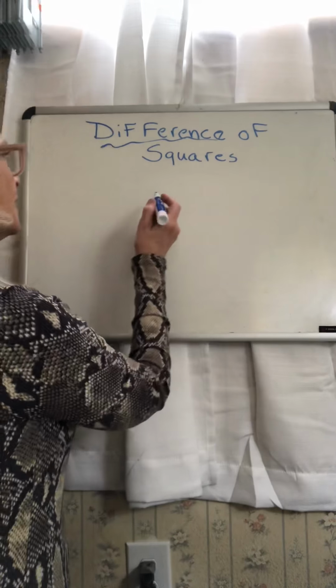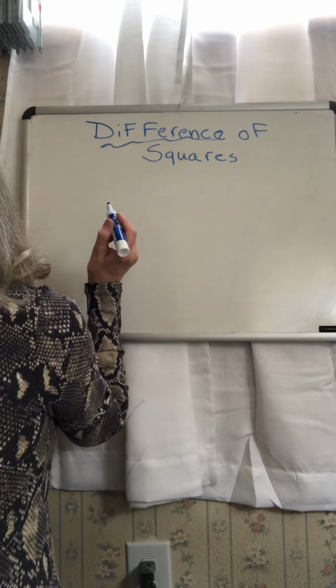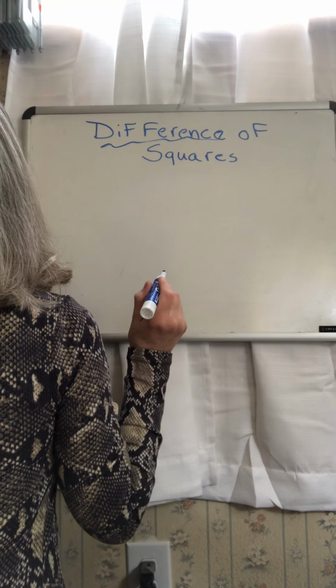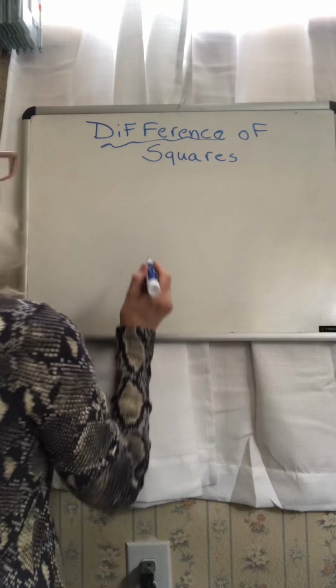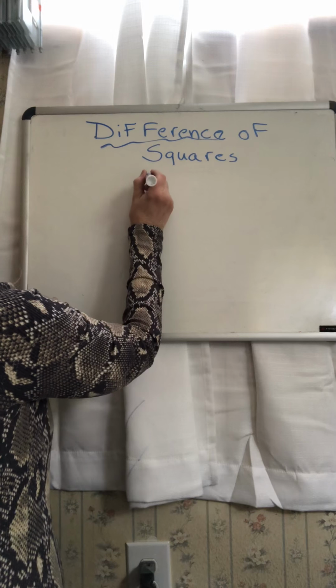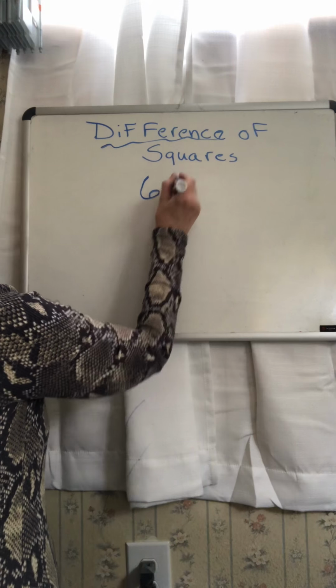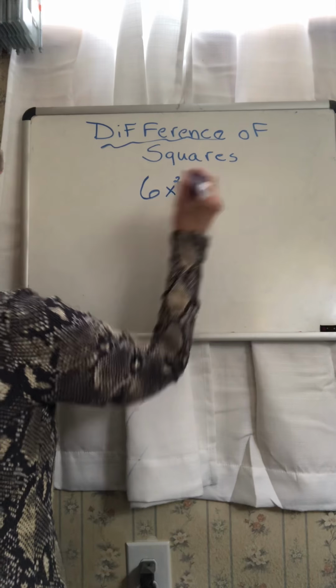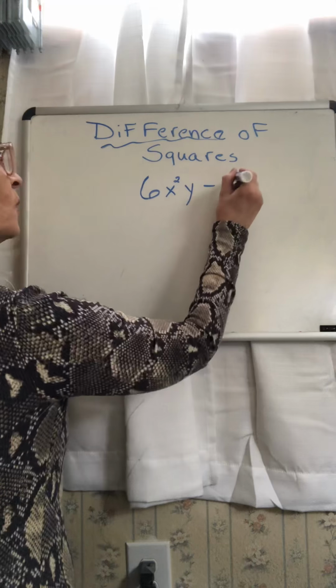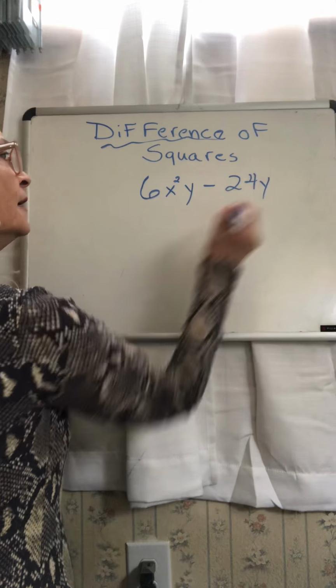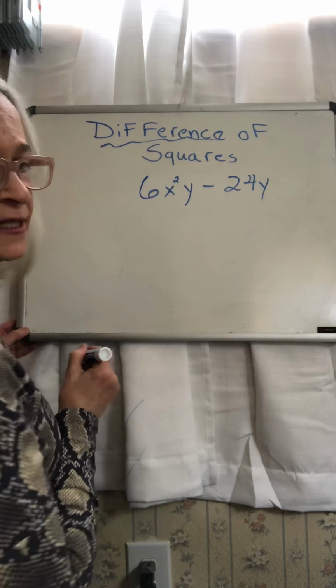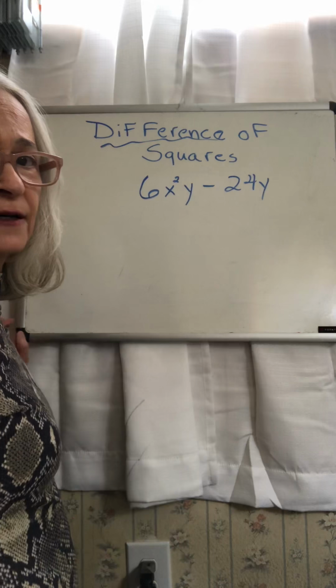So that initially is a pretty simple process, and this is not a difficult process, but sometimes the square root is kind of hidden. So if you look at example 5, we've got 6x squared y minus 24y. Just by looking at this, it doesn't look like a difference of squares, right?